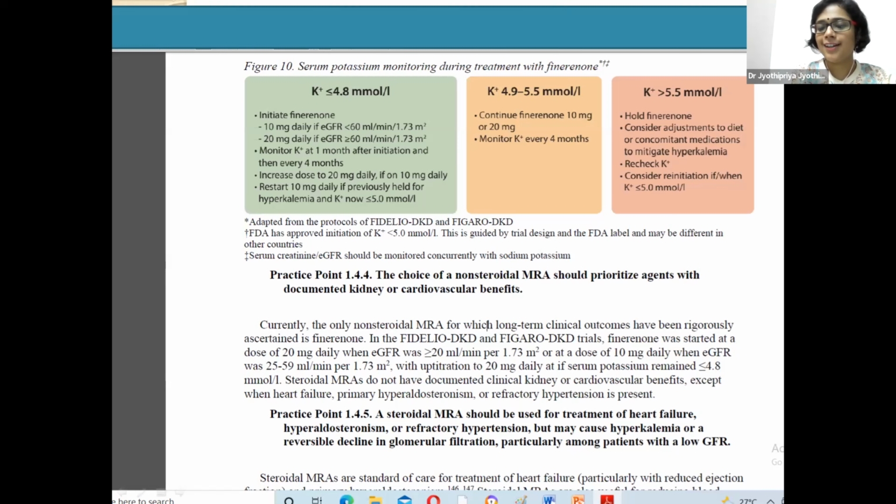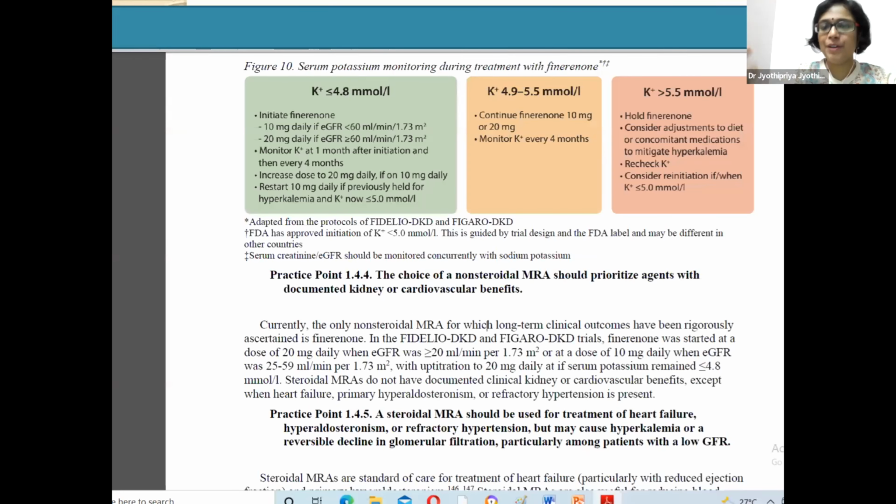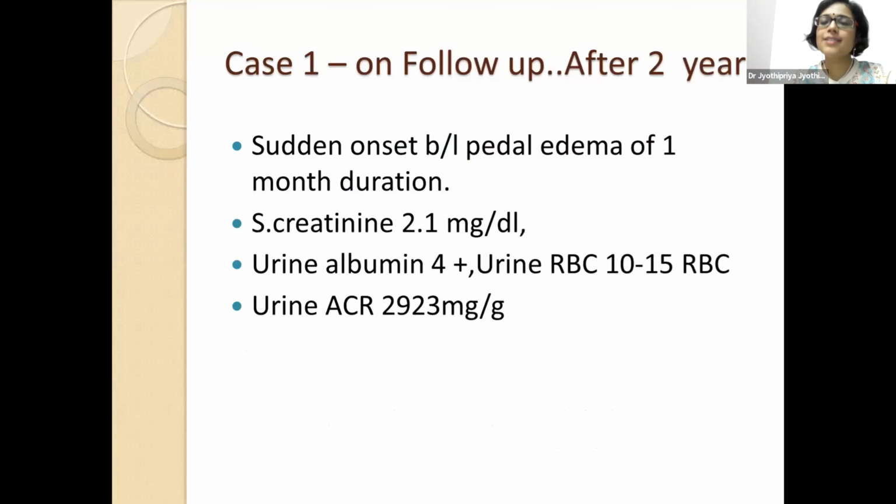So hypothetically, I have introduced this drug into my patient, and after 2 years, his albumin ratio has come down. It's almost around 250, and he is still on diet modification and other lifestyle modification. Now, after 2 years of follow-up, he's again coming.